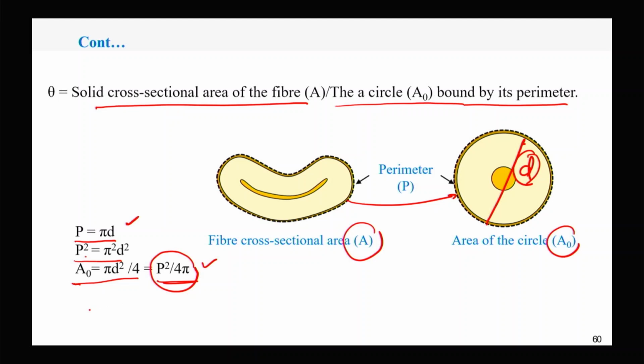A we know, so the ratio of A and A0 becomes 4 pi A by p square. So this is the theoretical approach of measuring theta.